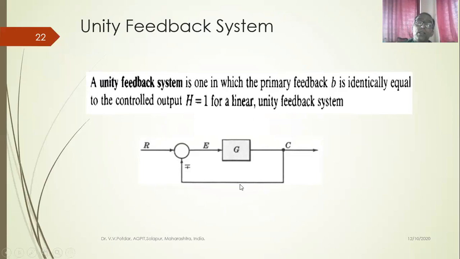Even if a simple line is there, we call it a unity feedback system because H is equal to 1. A unity feedback system is one in which the primary feedback B is identically equal to the controlled output C, because there is no H, or H is equal to 1.